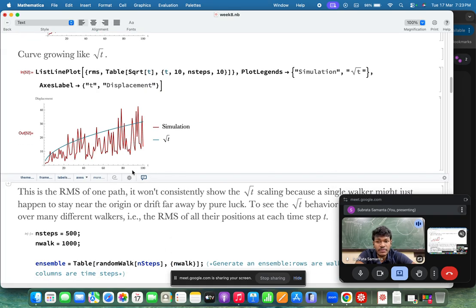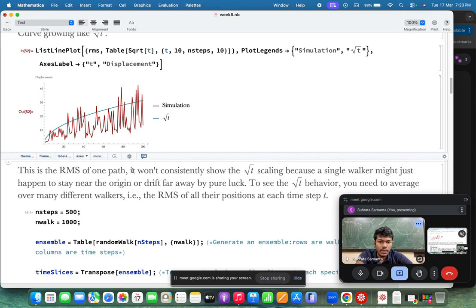This is the RMS for one path, but it won't consistently show the square root of t scaling behavior, because a single worker might just happen to stay near the origin. So you have to average over many paths.